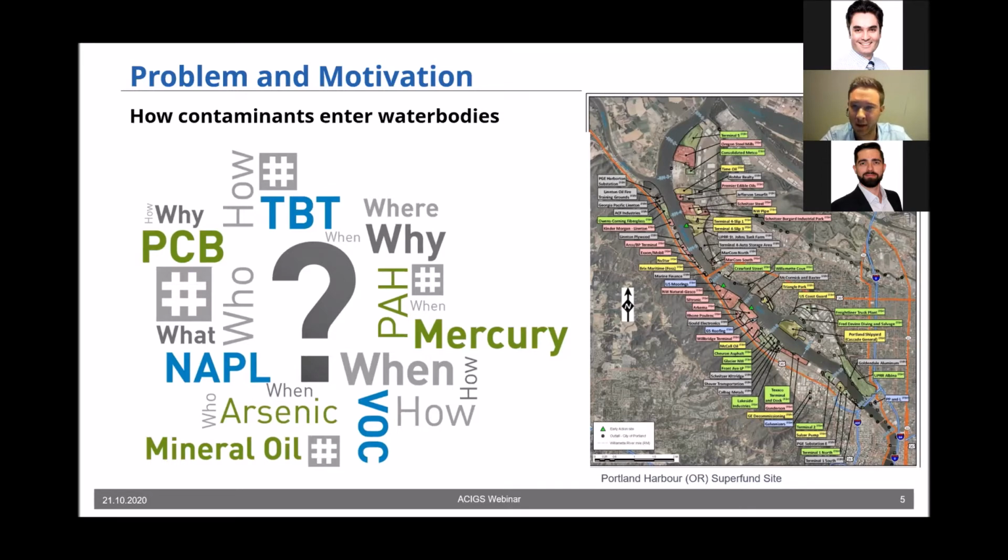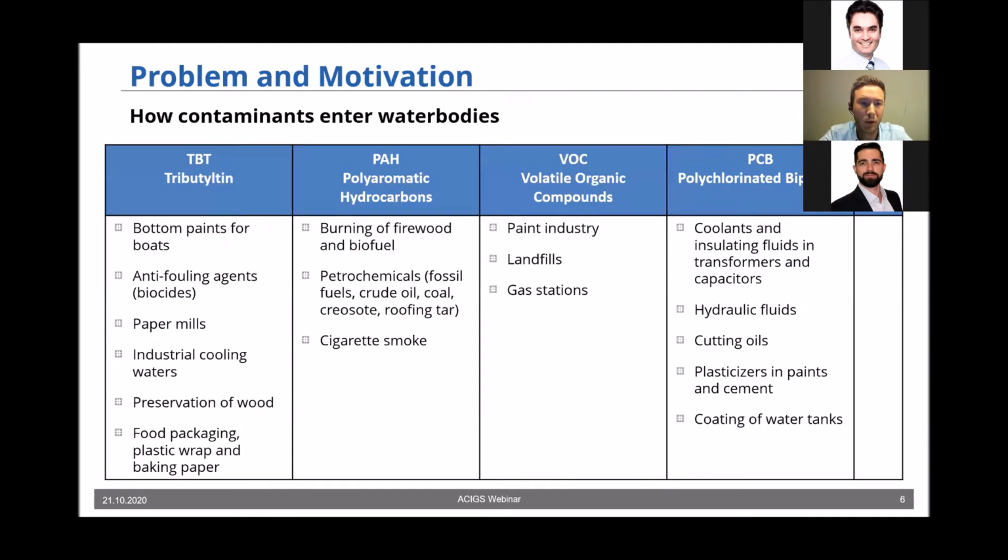This of course applies where you have all the different industries very close to each other, as you can see here in Portland Harbor, where we have the oil industry, the gas industry, wood, paper mills, almost everything really close along the river. So they will have all of these compounds inside the river. Especially today, we want to talk about the organic compounds, which we want to focus on.